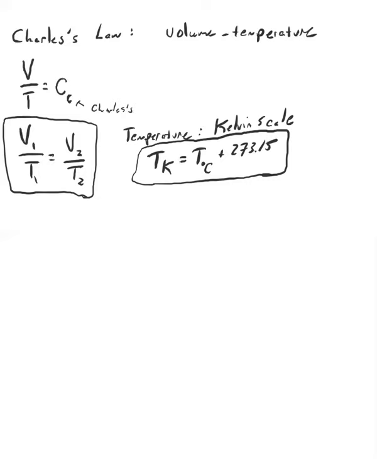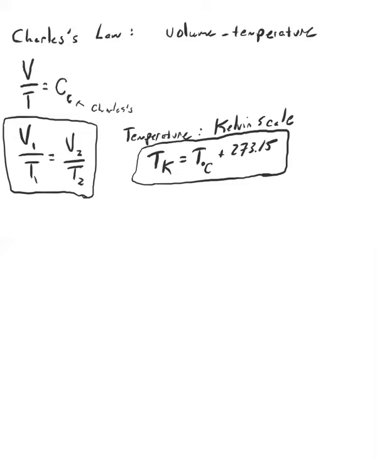Okay, so the reason we have to use the Kelvin scale is because the Celsius scale is just physically incorrect for these sorts of calculations. It leads to kind of ridiculous answers for certain calculations. Same thing with Fahrenheit. You can't use a Fahrenheit system for Charles's law. So if you think about it, what would happen if I put in 0 degrees Celsius, which is the freezing point of water?